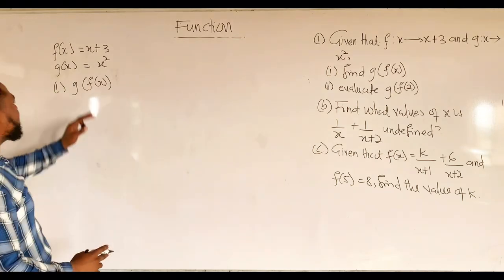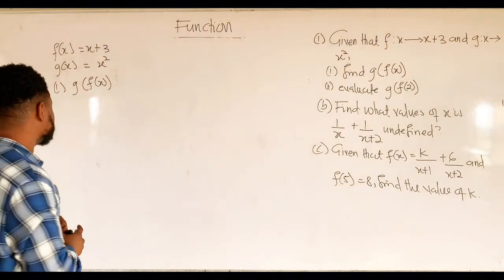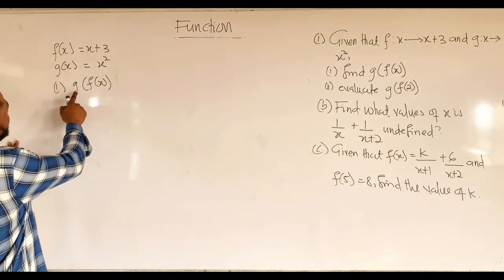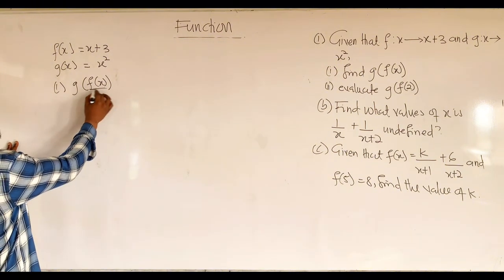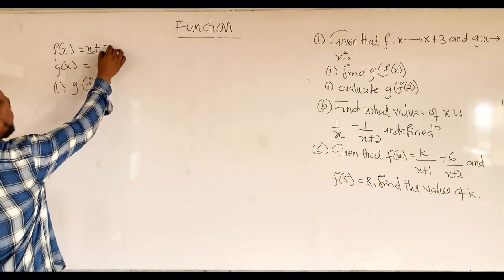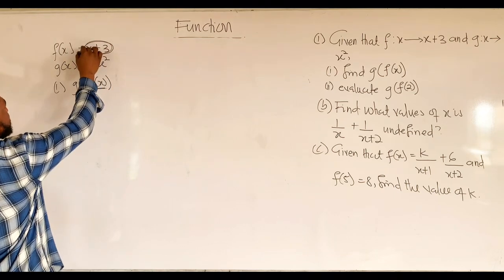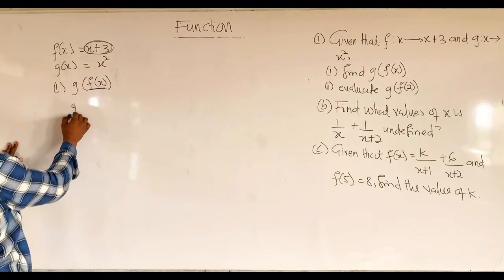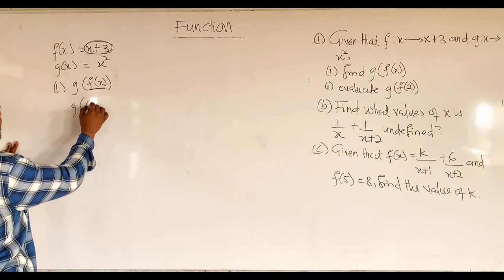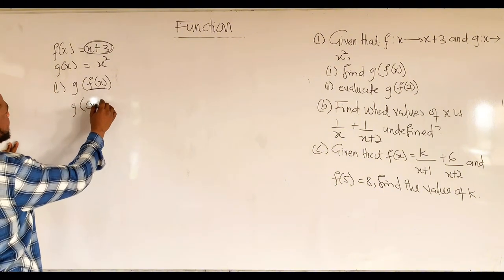Now, let's see how we can simplify or break this down. For g of f of x, our f of x here is equivalent to this. So in actual sense, what is given here is the same as g of x plus 3.